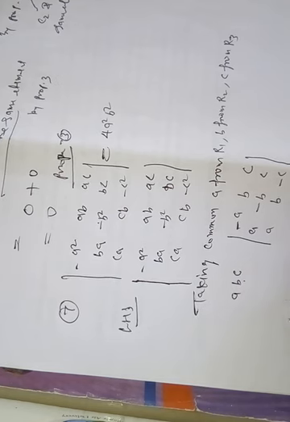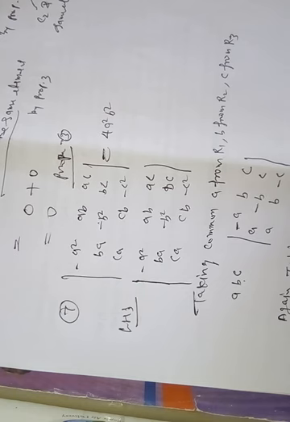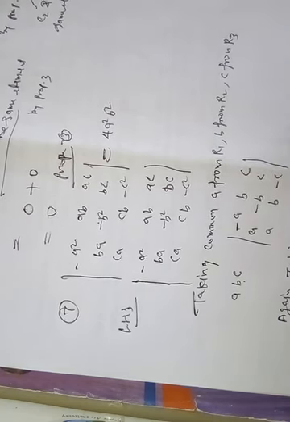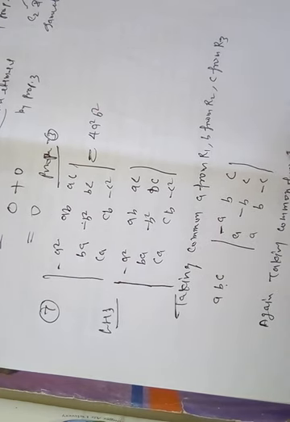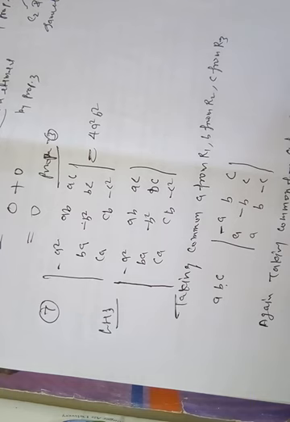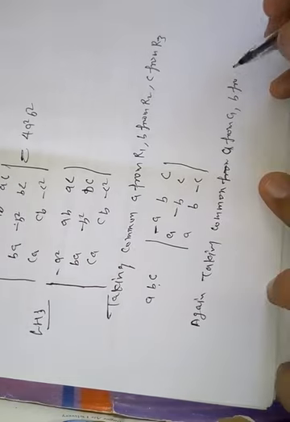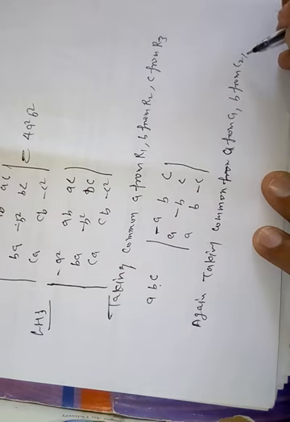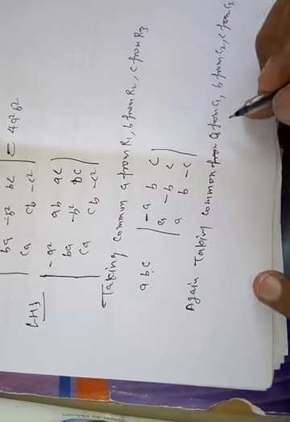Again, taking a common from c1, b common from c2, c common from c3.